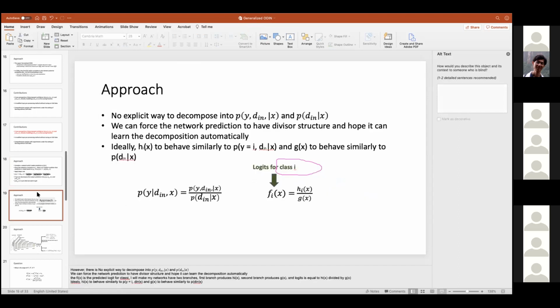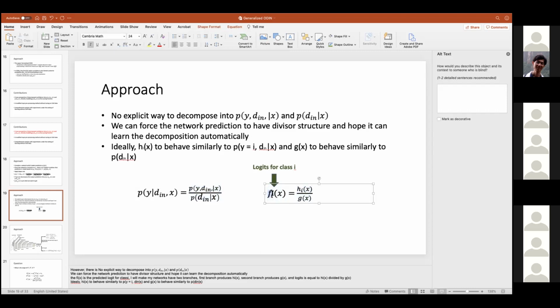Okay. However, there's no explicit way to decompose it into these two parts, but we can force the network prediction to have this kind of divisor structure and hope that it can learn the decomposition automatically. This is the largest output from the network. Then we will grow two branches. We let one branch learn hx and the second branch learn gx.